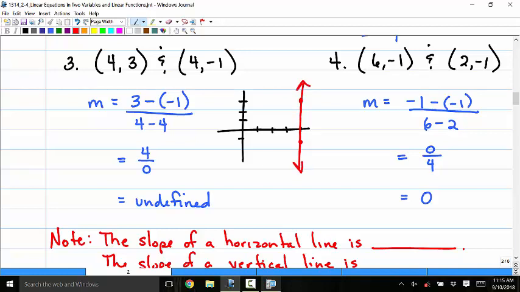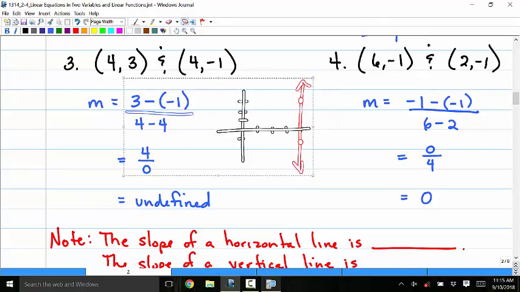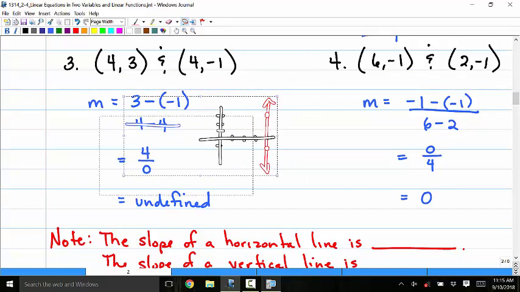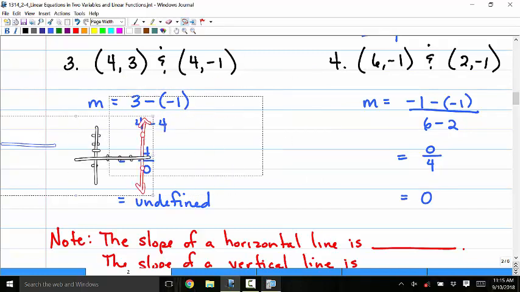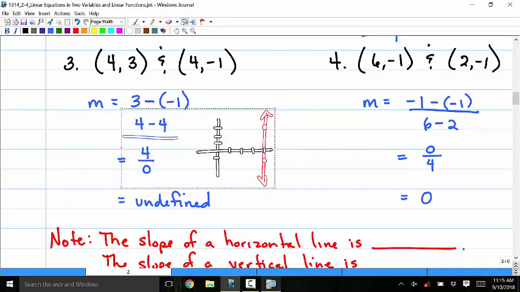What kind of a line is that? It's a vertical line. What's the slope of a vertical line? Undefined. So I'm going to go down here to the little red statements and say the slope of a vertical line is undefined.